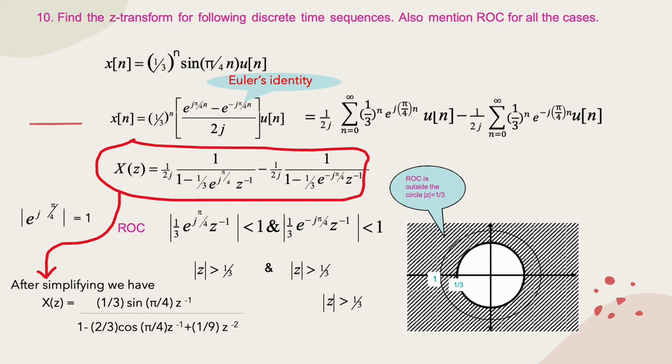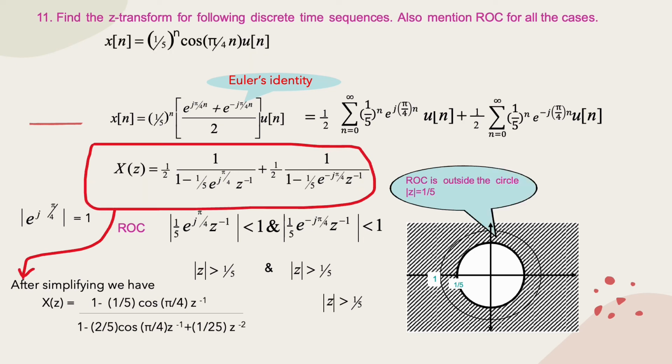You split and write it. After that, by applying the infinite series formula, you will get this one. Then the modulus of e power j pi by 4 is 1. Now from the denominator you obtain the ROC. So you will get the ROC: modulus of z is greater than 1 by 3. Then you take the LCM and simplify, and you will get the final answer as this one.